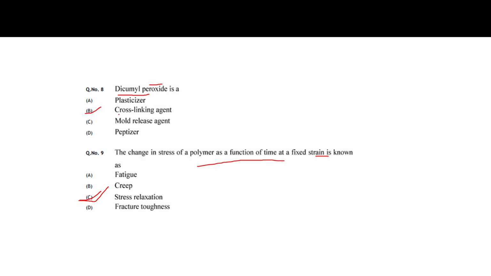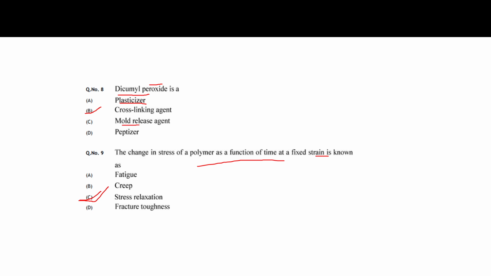Peroxide or sulfur are all curing agents. Plasticizers, like phthalate, are plasticizers. Phosphate as well. Mold release agents are like stearic acid, stearate.